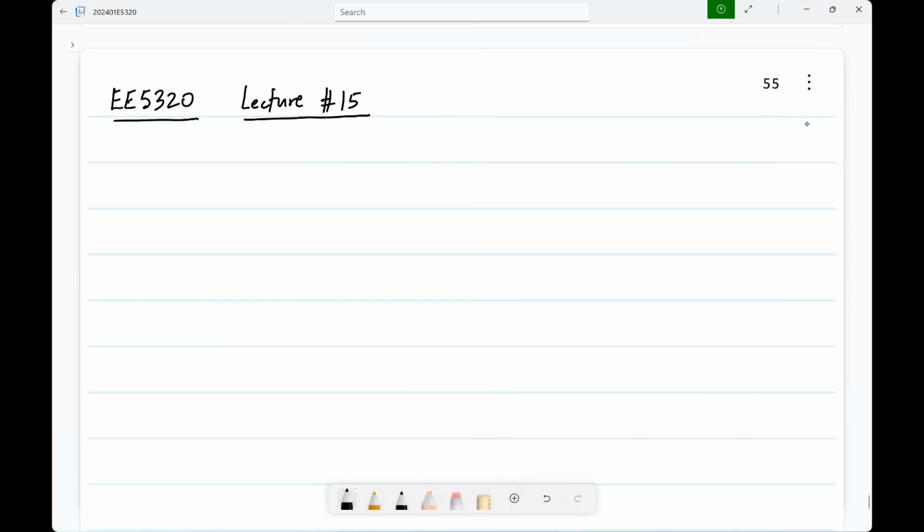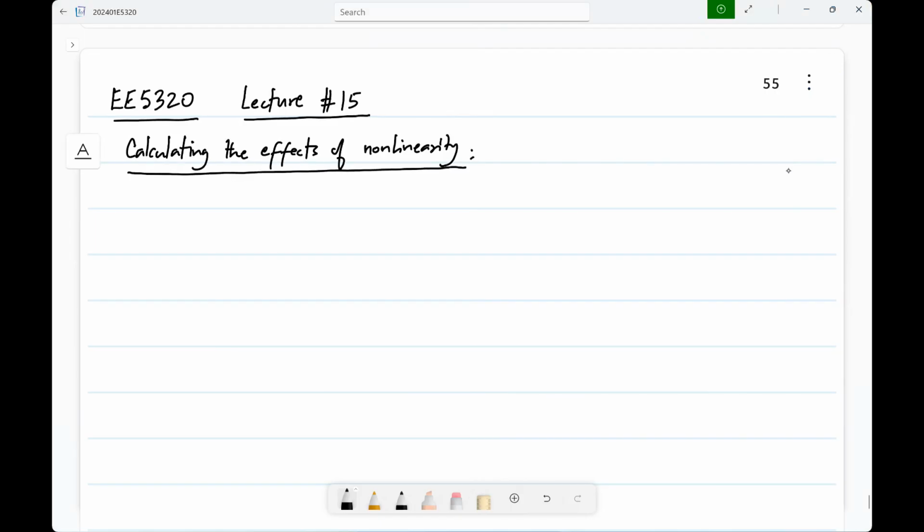We were looking at calculating the effects of nonlinearity. And we saw that there is a step-by-step way of doing this.